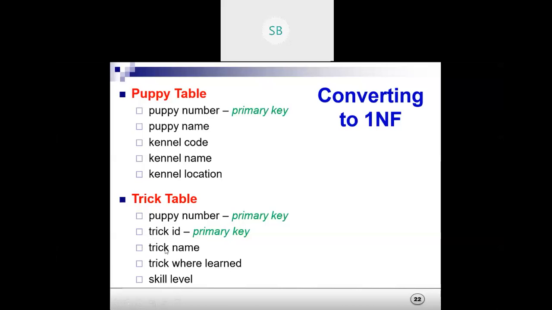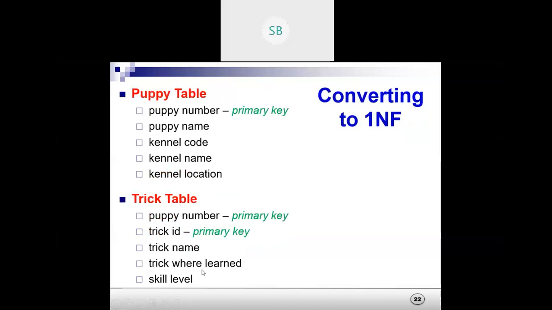Similarly, skill level or trick where learned is dependent on the trick ID only. So these are partial dependencies and they should not be there. So we divide it, and we have another table, the skill table. We did not do anything with the puppy table, but in the second normal form we broke the table into the trick table and the skill table. You see?